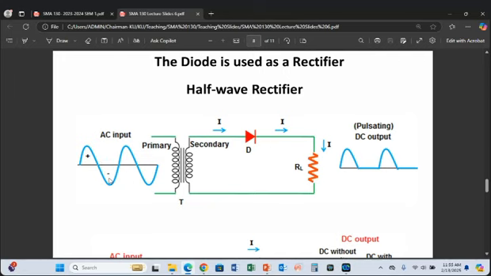So we are showing that a single diode will only conduct one half of the alternating voltage. This part is not transmitted, this part is transmitted. We call this half wave. We have only allowed this portion of the current to flow. This we did not allow, this we allow, this we don't allow.